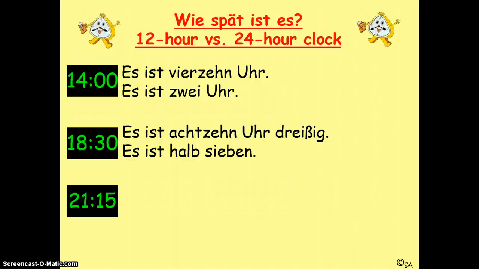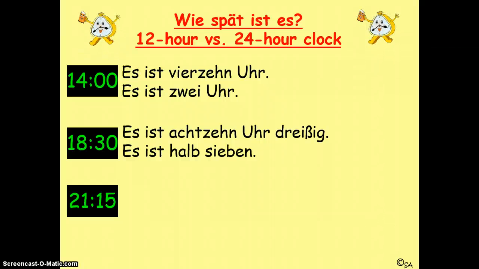So what you may have noticed is that we suddenly don't use the word halb anymore, which means half. And the reason is because in the 24-hour clock this does not exist. So in the 24-hour clock, you would say it is 18 o'clock 30. Using the 12-hour clock, the same time, you would say es ist halb 7, so it's half an hour to go until 7 o'clock.